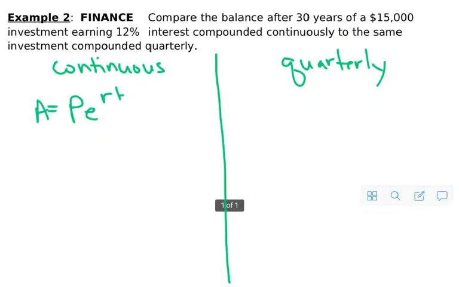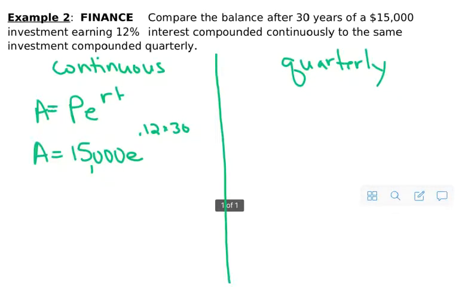So let's start with that. I'm going to put in $15,000. The rate's 12%, so it's going to be 0.12. And then we're putting it in for 30 years, so times 30.